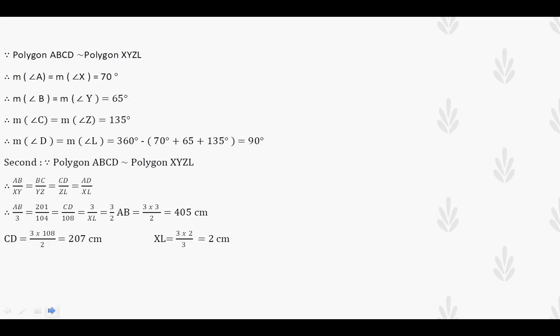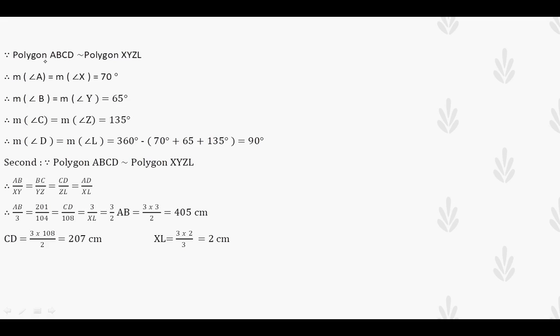Since polygon ABCD is similar to polygon XYZL, measure of angle A equals measure of angle X equals 70, measure of angle B equals measure of angle Y equals 65, measure of angle C equals measure of angle Z equals 135, and the measure of angle D equals measure of angle L. Here you have to write the two polygons in the same order.